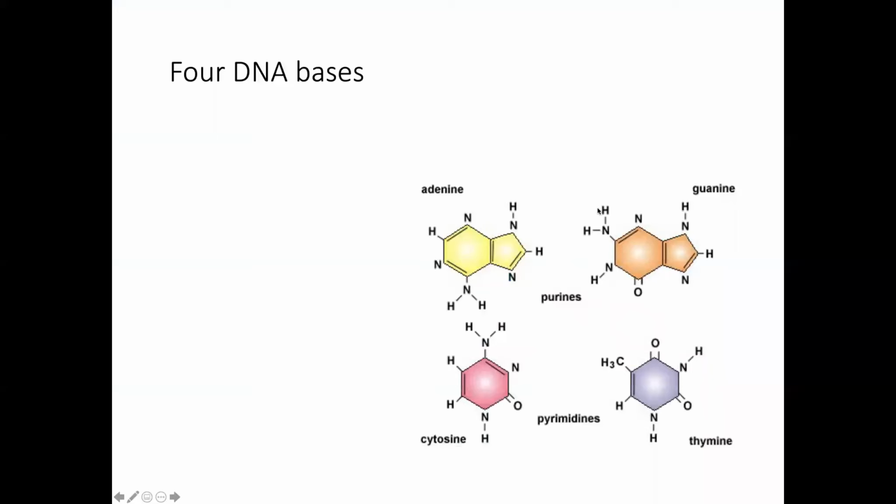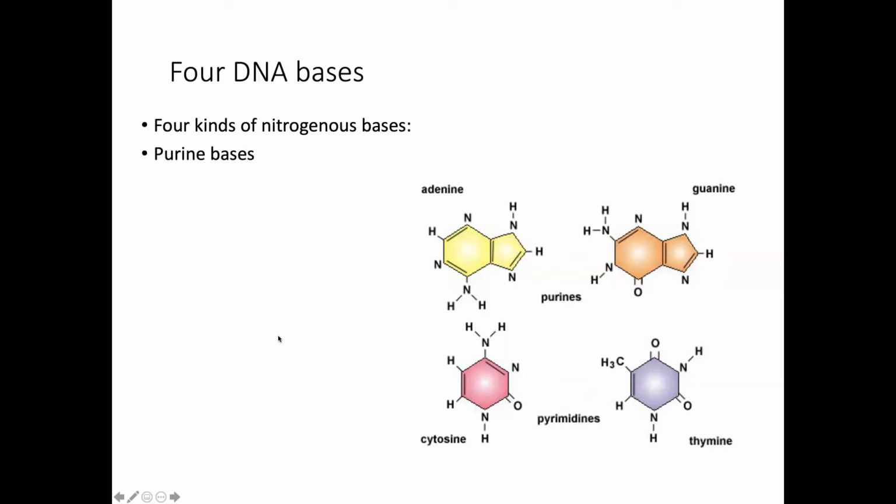So for DNA bases, we have purines and pyrimidines. There are two types of purines, which are adenine and guanine, and there are two pyrimidines, which are cytosine and thymine.